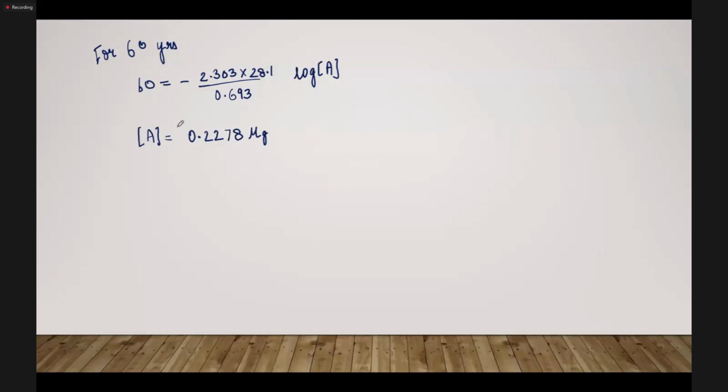So after 60 years, this will be the amount of Sr which is left in the body of that newborn baby after 60 years.